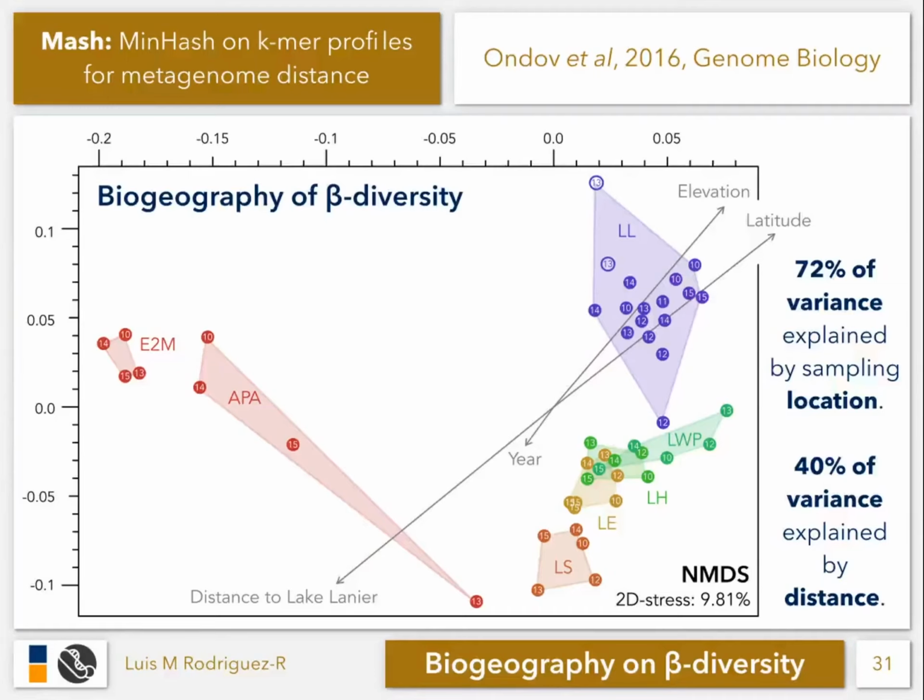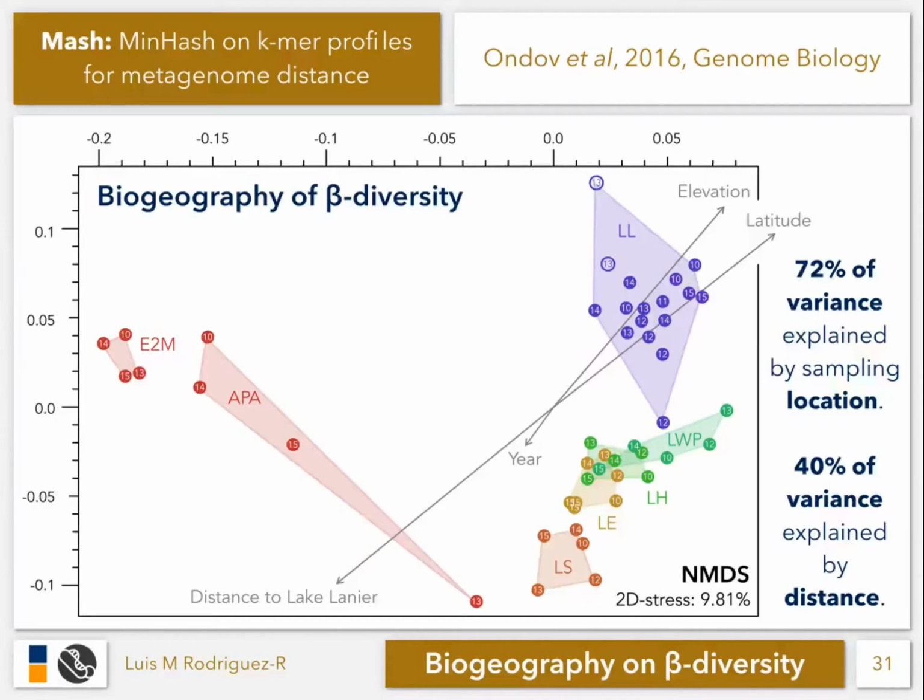This is an ordination plot where the distances in the plot somewhat reflect the actual differences between those communities. First of all, 72% of the variance in this entire collection is explained by location, but of course that includes the effect of different environments.